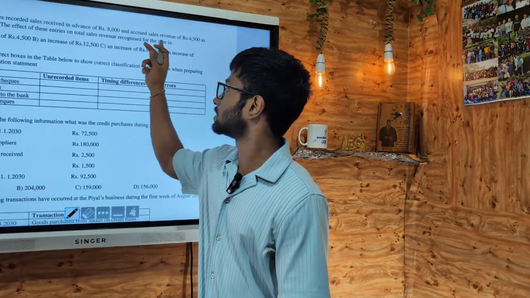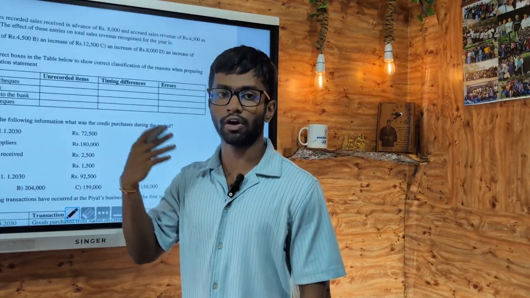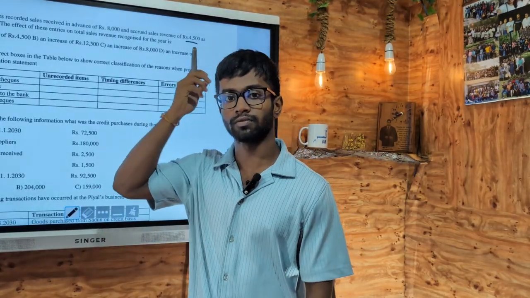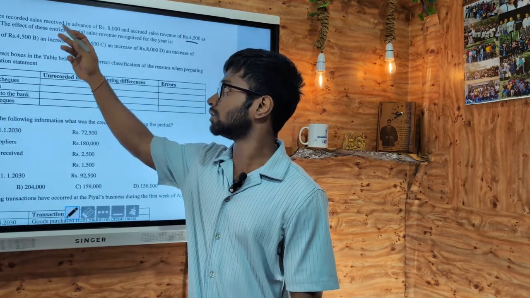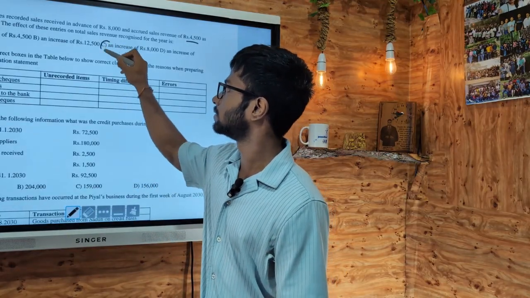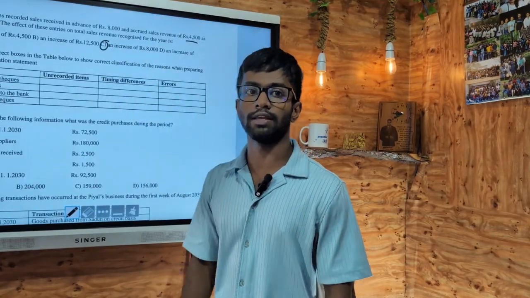But accrued sales we have already recorded, because this sale has been done before. Now you are supposed to get money from your customer, so this 4,500 you don't have to record again. But the 8,000, if you got an advance and recorded it, this would increase your sales. So your answer should be, it would increase your sales by 8,000.